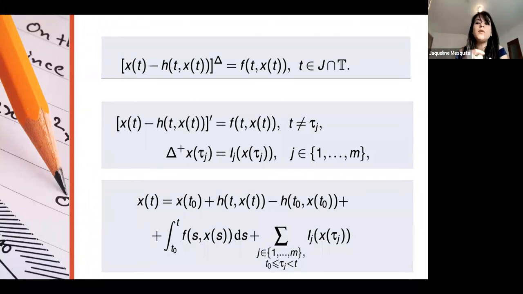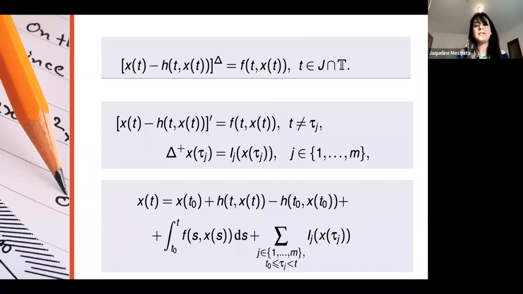But when we deal with this g and think about the derivative in the sense of g, this quotient will not be divided by t minus t0, but by g of t minus g of t0. When g is the identity, we have the usual one, but we can have much more complications when we deal with different types of g.